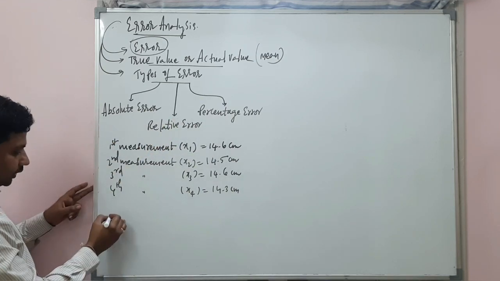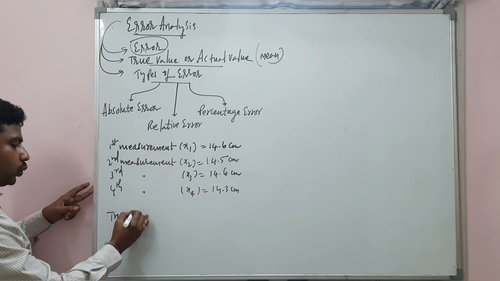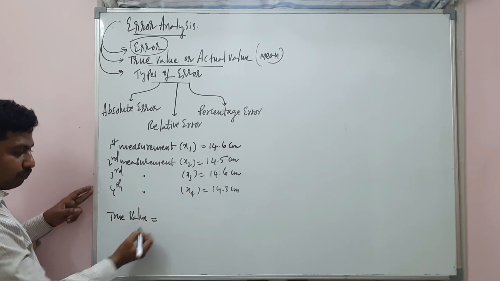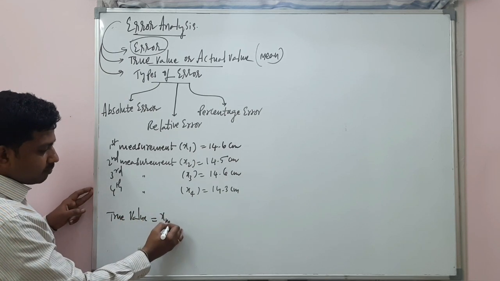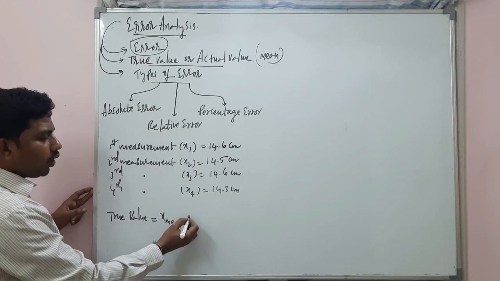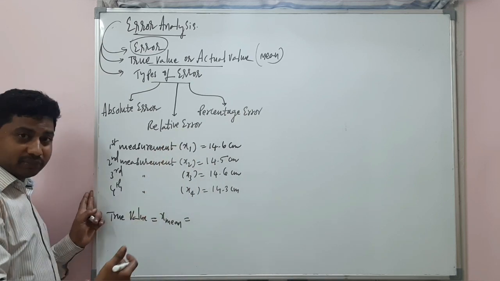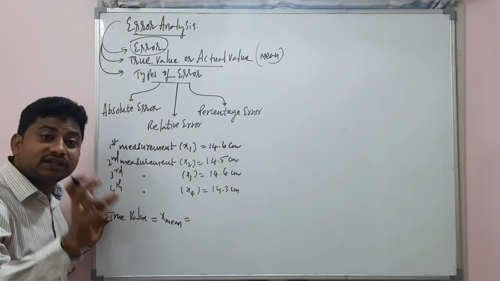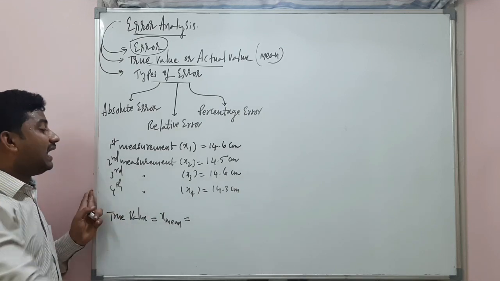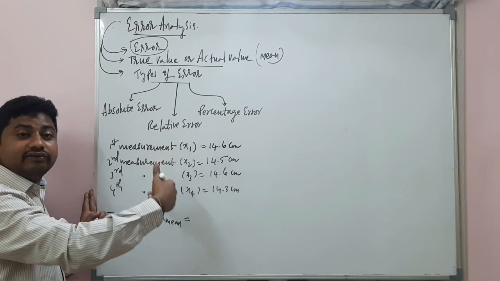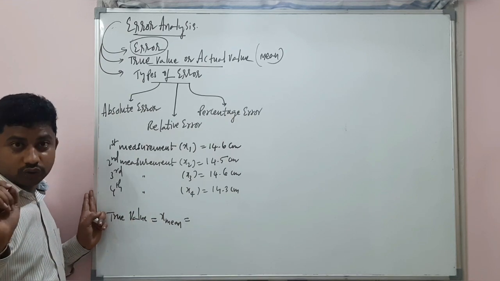Alright? So I am writing here, your true value will be equal to the mean value of all these individual measurements. I can also say the arithmetic mean of the large number of individual measurements is called the true value.